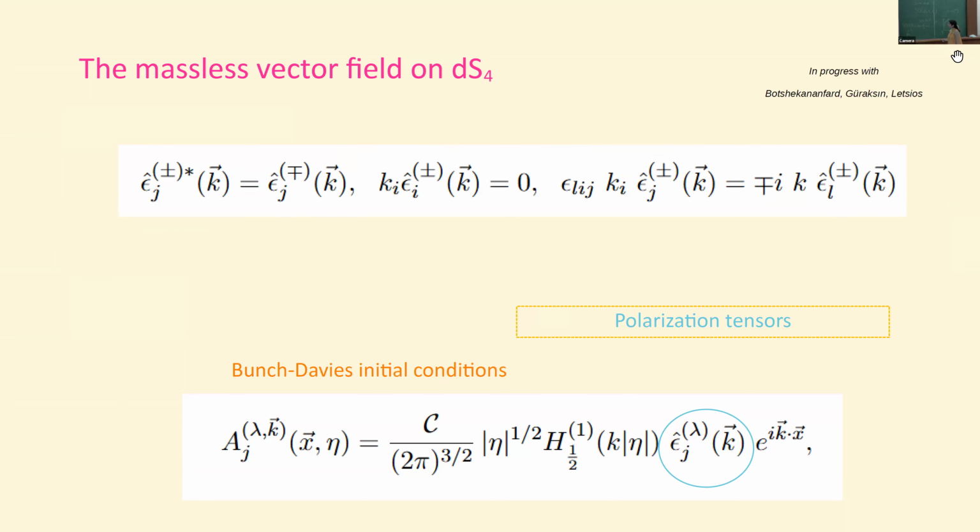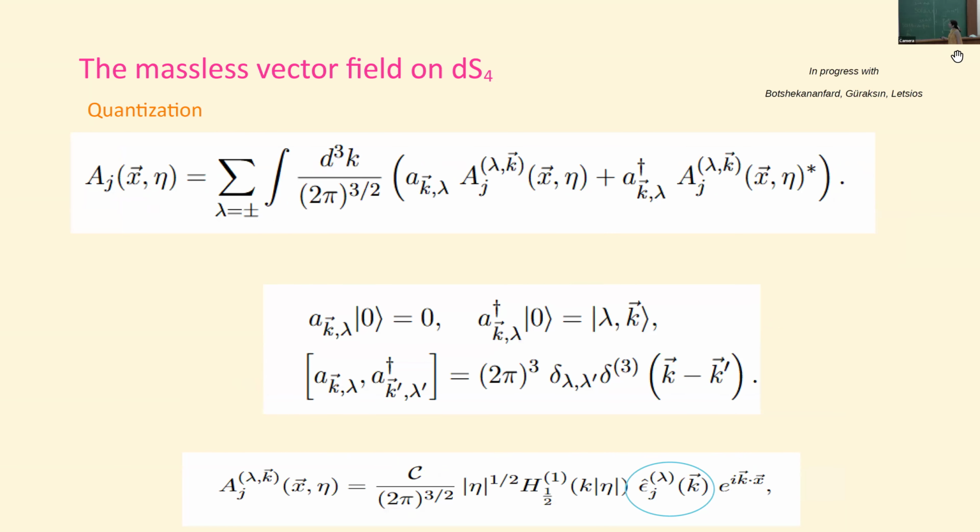Now, in the mode functions, since these are tracking a vector field, we also have polarization tensors. So this is the difference from the scalar field. And these are the defining properties of polarization tensors. They are perpendicular to the direction of propagation. And then we do canonical quantization.